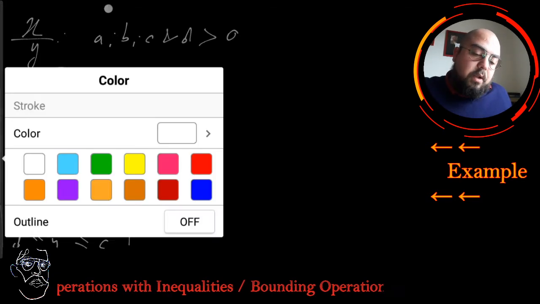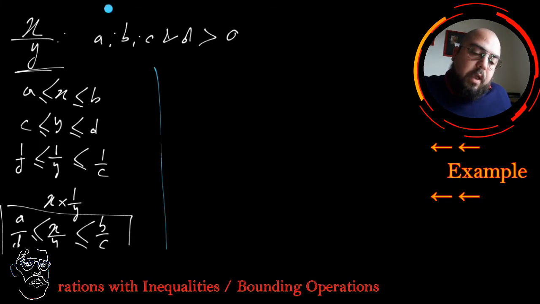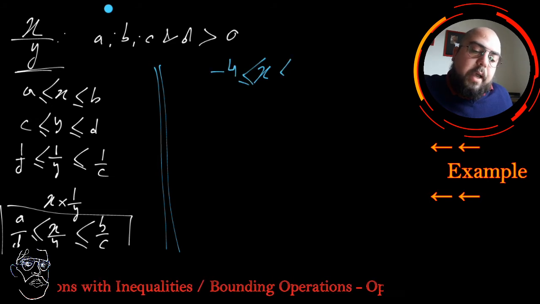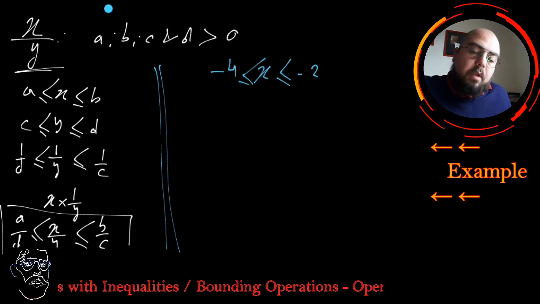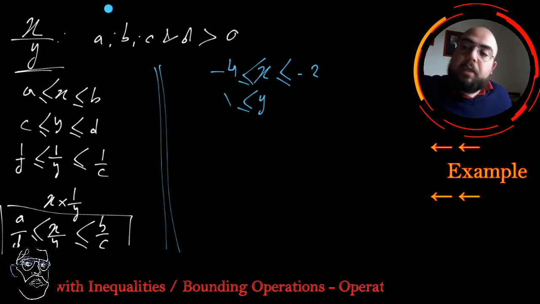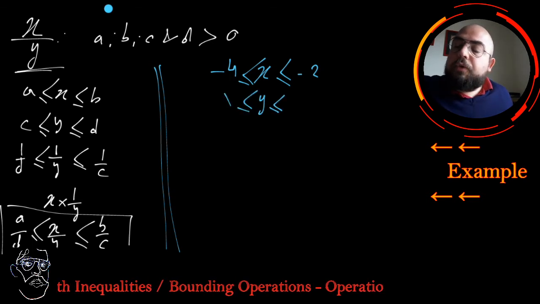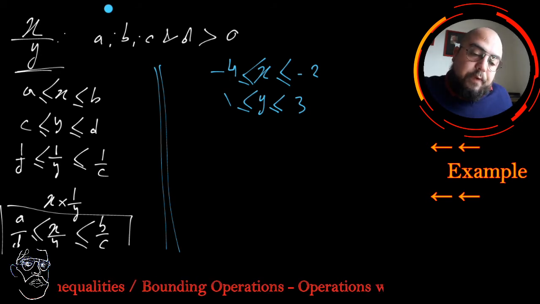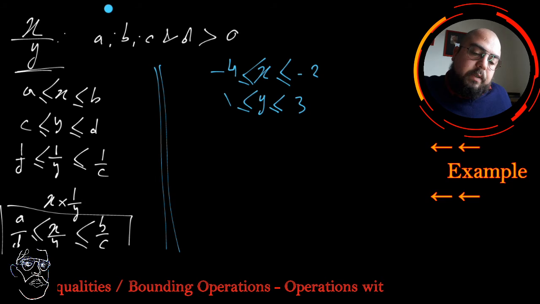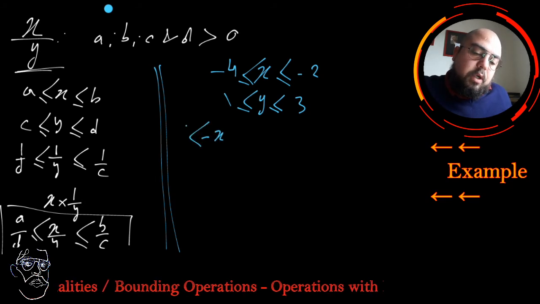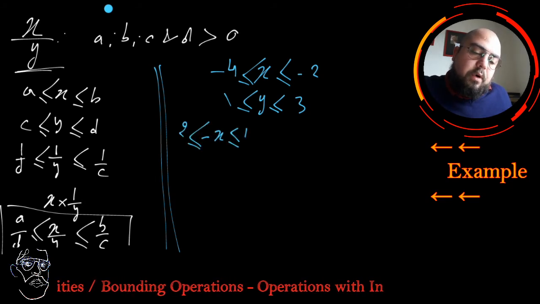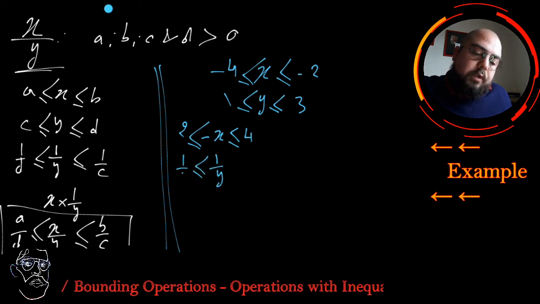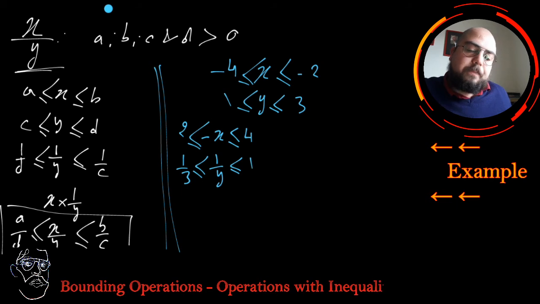Let's take the example related to this part. So we have again x between -4 and -2, y between 1 and 3. You need to first calculate negative x, which is between 2 and 4, and 1 over y is between 1 over 3 and of course 1.